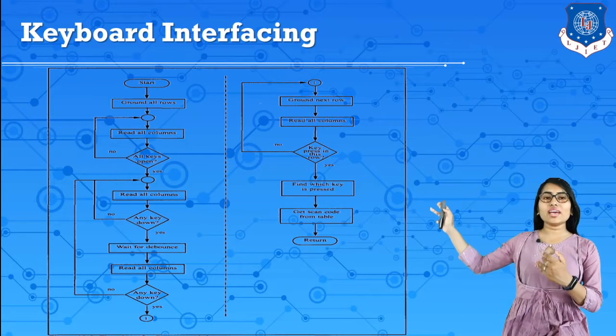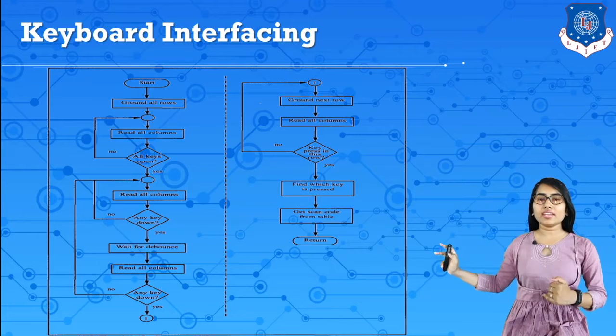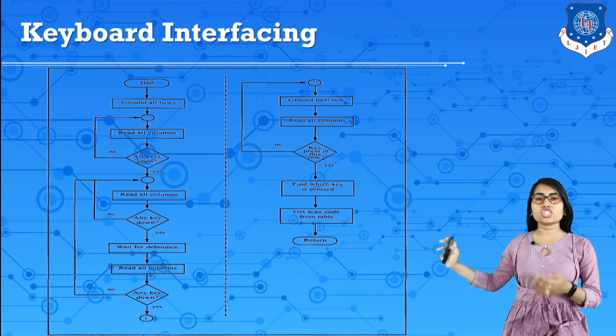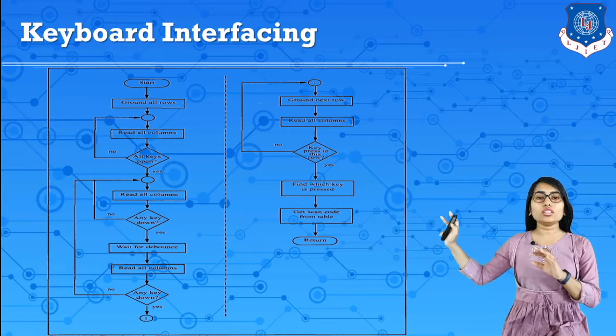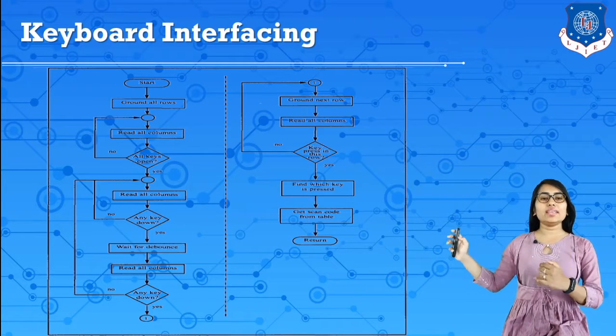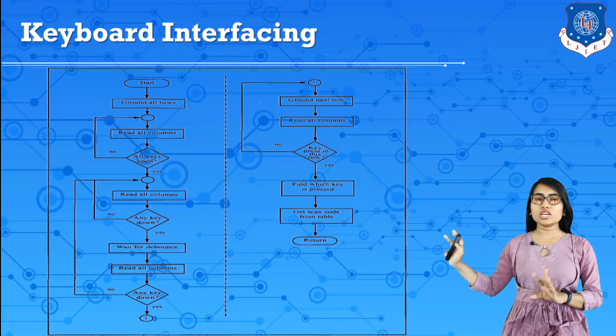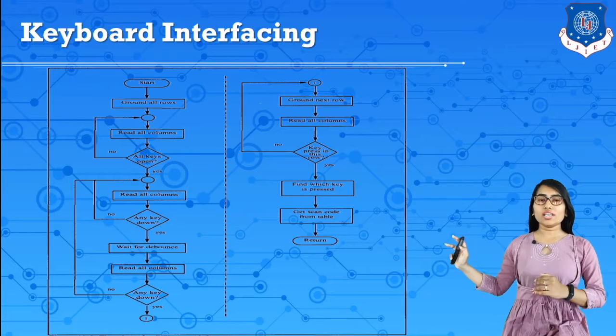Now here there is a flow chart showing how we can identify whether a key is pressed and which key is pressed. Initially, at start, ground all the rows, then read all the columns. Are all keys open?